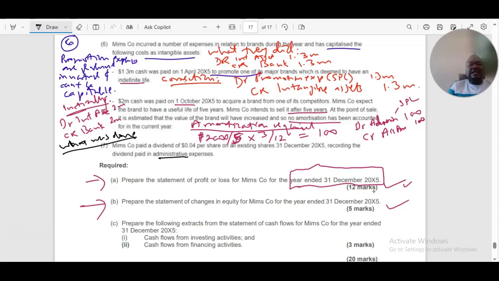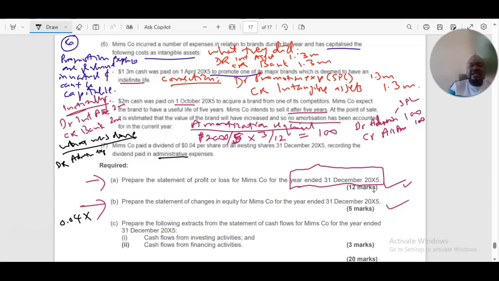First of all, they debited admin expense. They debited admin expense with how much? Okay, let us do the computations. 0.04 multiplied by the number of shares.